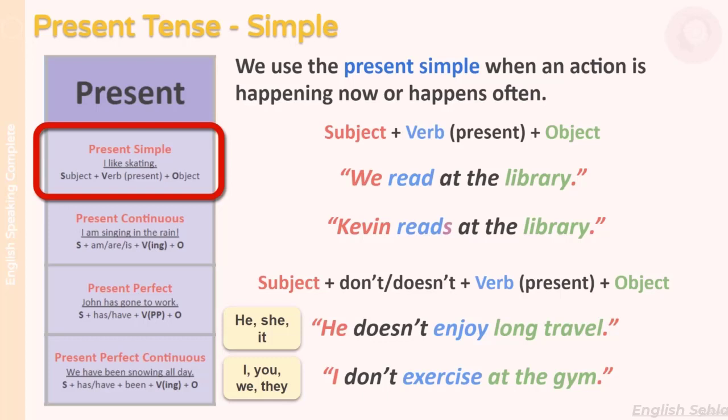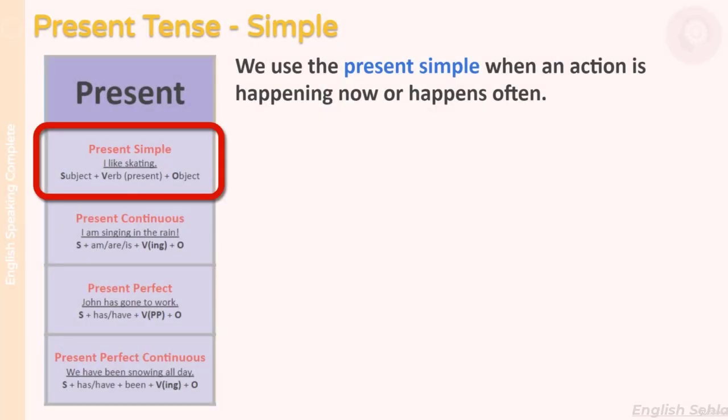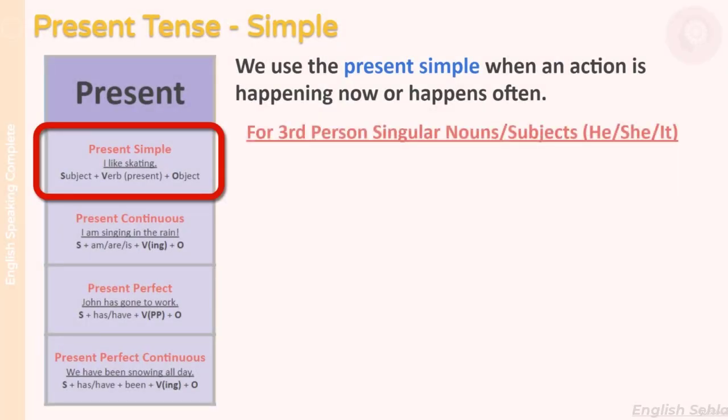Okay, I just want to give you more information on the point earlier, adding an S to the verb. Kevin reads. There's a bit more detail on this that actually makes it slightly trickier, but it's definitely worth us looking at this now. So when the subject is third person singular nouns, the verb changes form.